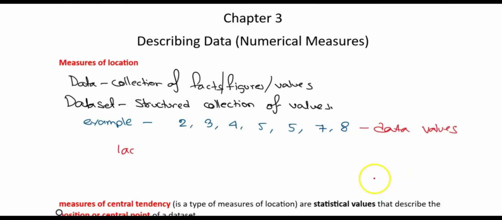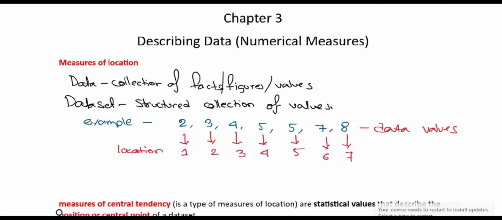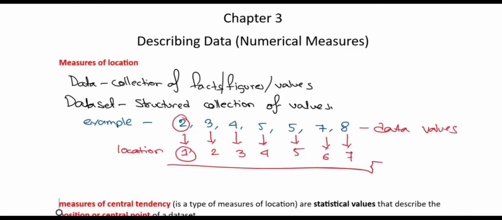Now if I want to know the location, this is in location 1, location 2, 3, 4, 5, 6 and 7. So even though this data value is 2, its location is 1 in the data set. Locations are actually the respective positions of data values in a data set.